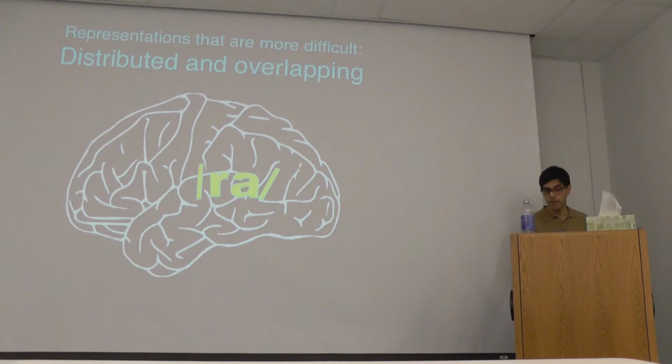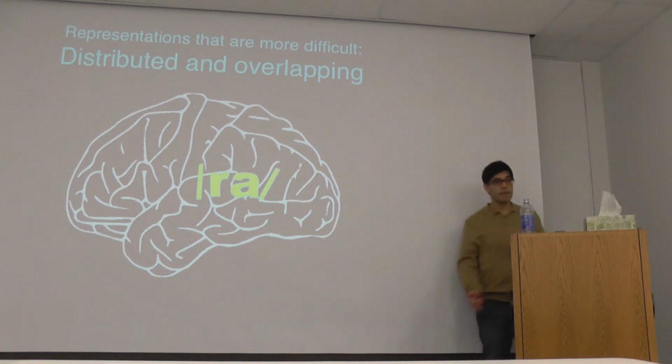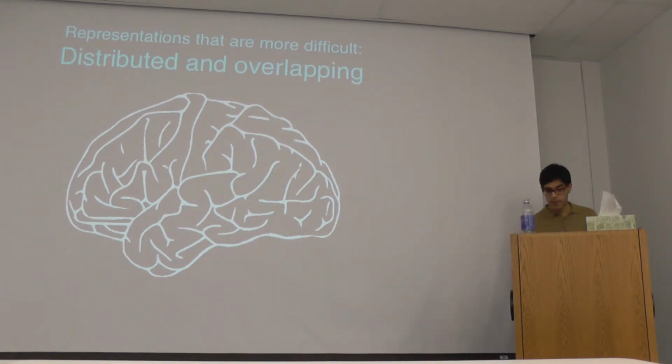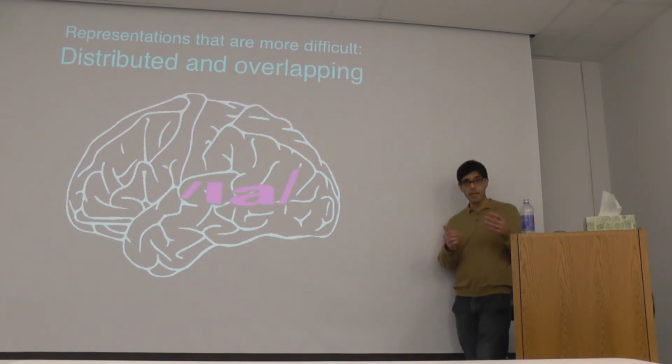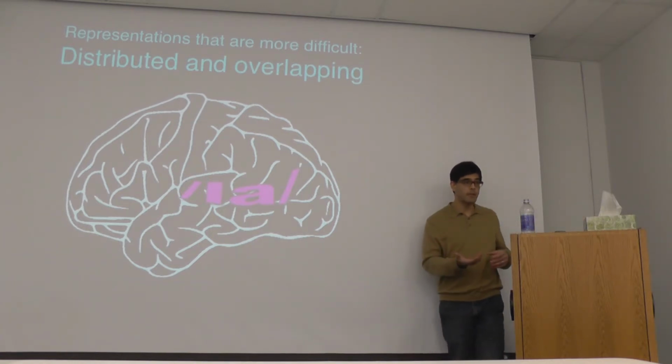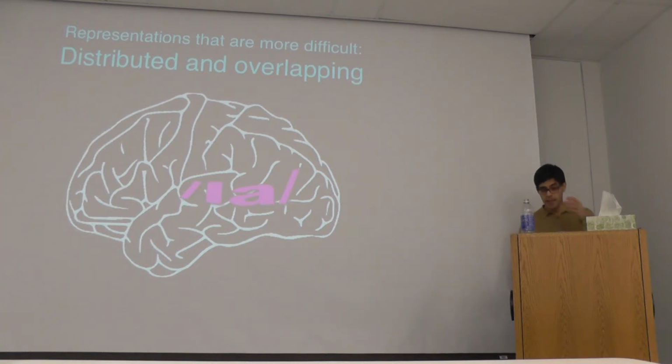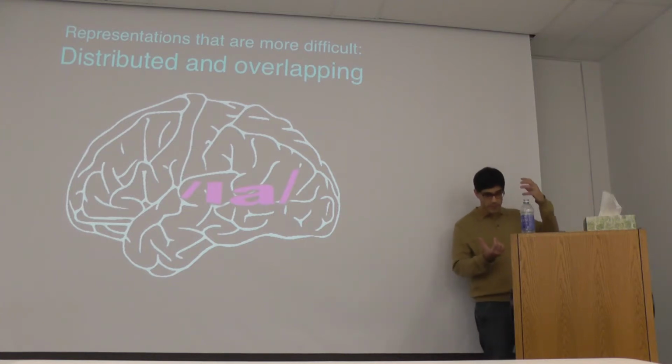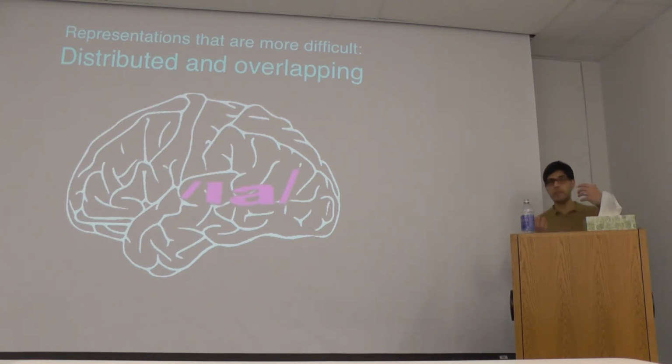Suppose I've got different types of speech being represented in the brain. I might have the sound ra, but I might have a different speech sound, say la. Well, that's going to be activating more or less the same part of the brain, right? Because if some part of the brain is specialized for processing speech sounds, it would be incredibly wasteful to have different chunks of tissue for different speech sounds.